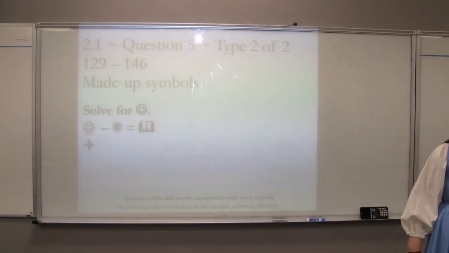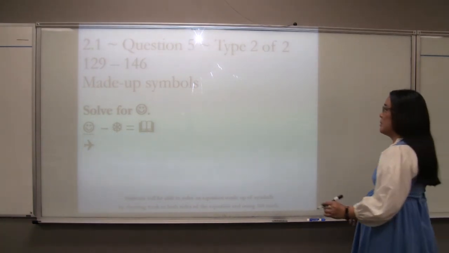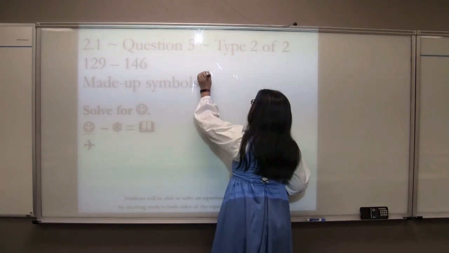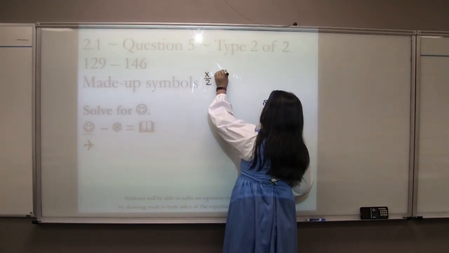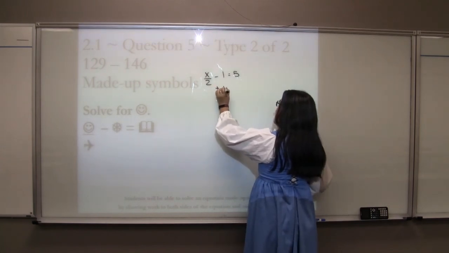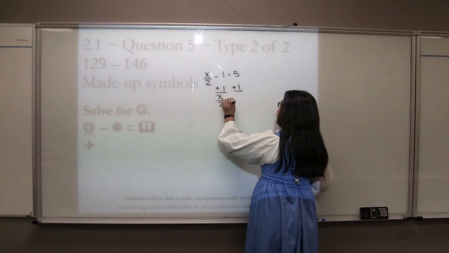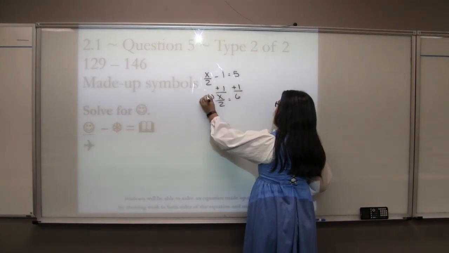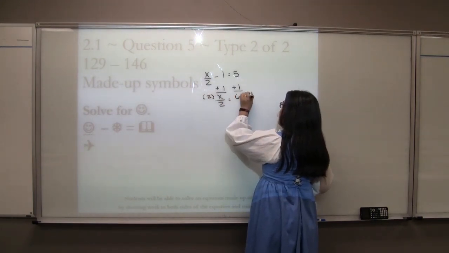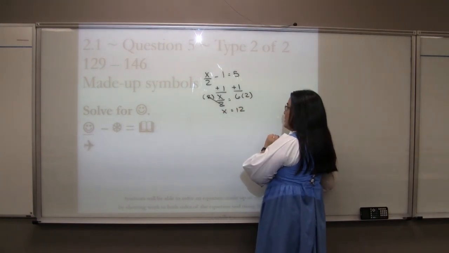using a similar problem. So the similar problem, I have x over 2 minus 1 equals 5. If I were to solve x over 2 minus 1 equals 5, you might solve it by adding 1 to both sides, and then multiplying both sides by 2 to get the answer.